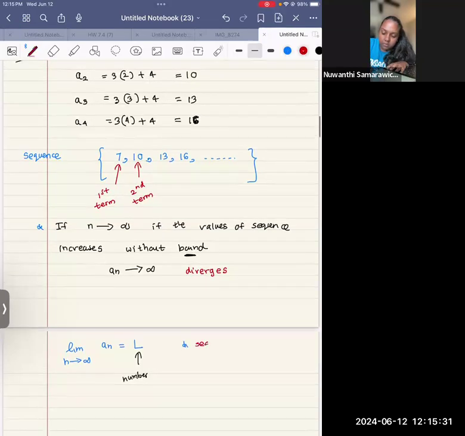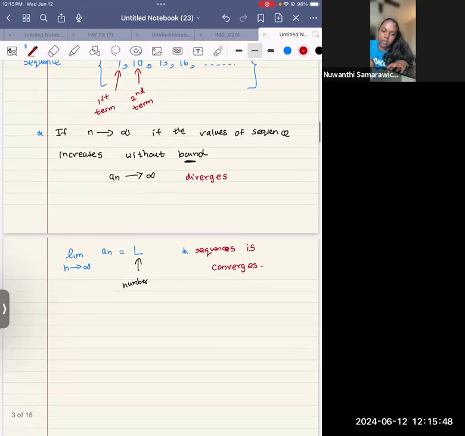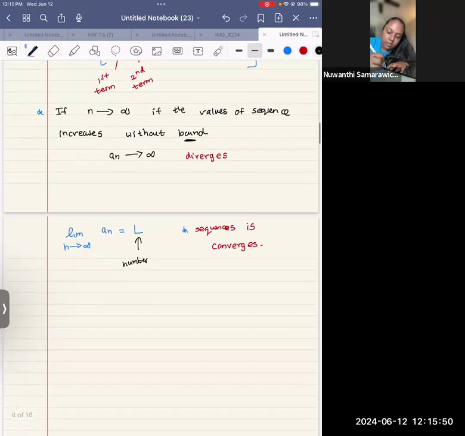So if it goes to a number, the sequence converges.